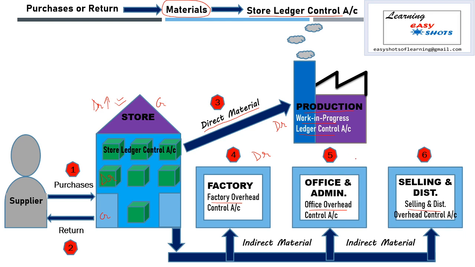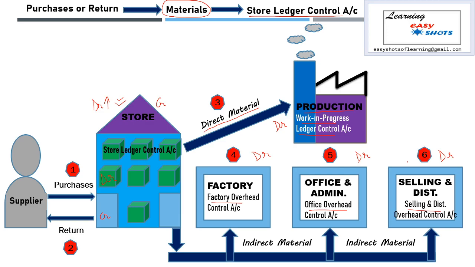In case of office, we debit the office overhead control account, and in case of selling and distribution, we debit the selling and distribution control account, and we credit the store ledger control account because material is transferred from the store. So when the material is transferred, the store ledger control account is credited, and where the material is transferred, that account is debited.